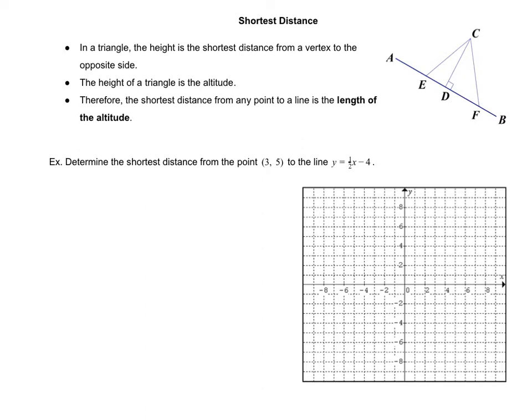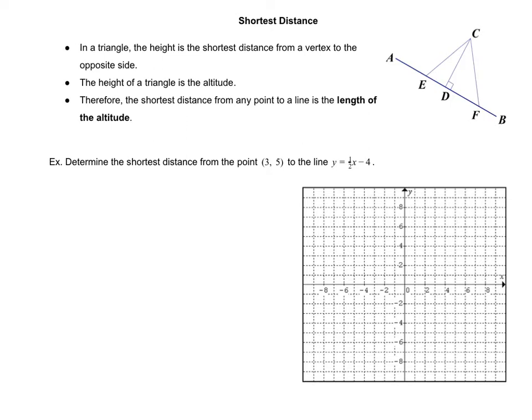So this is definitely not shorter than the height. And you can do that to any line in your triangle, and every line other than the altitude will be longer. So the main thing that we have to think about here is that in order for us to find the shortest distance, we need the altitude.